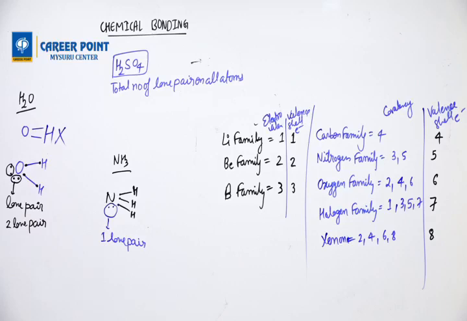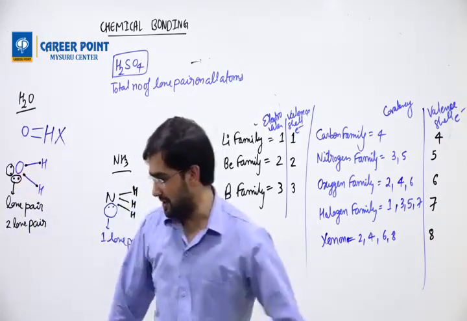So tell me the value. How much value we get? 8 lone pair. Vimla, how 8 lone pair? Tell me.